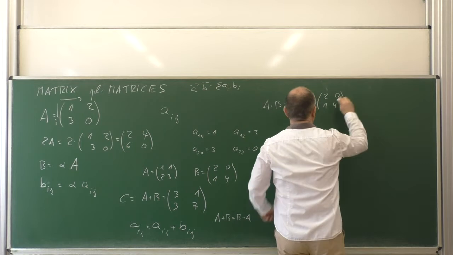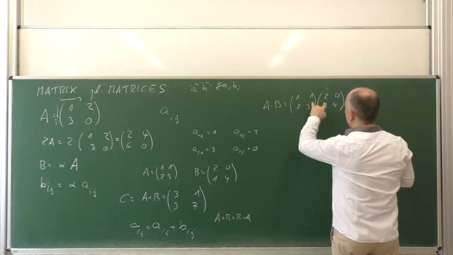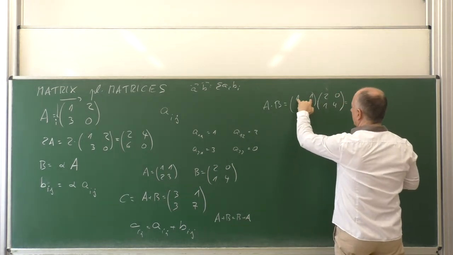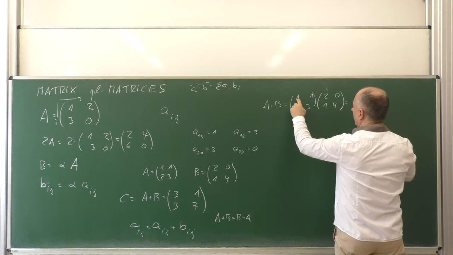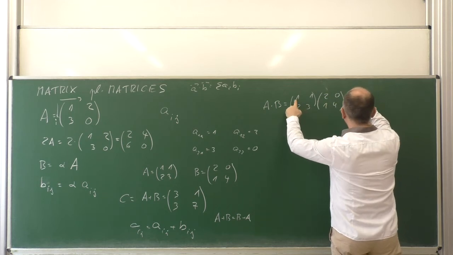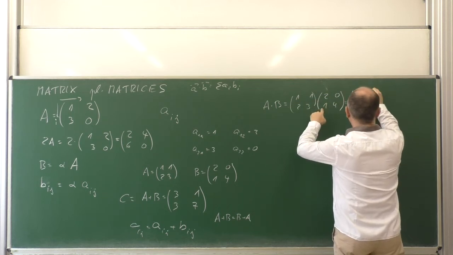So, the entry 1, 1 will be the scalar product of row number 1 with column number 1. That means 1 times 2 plus 1 times 1.